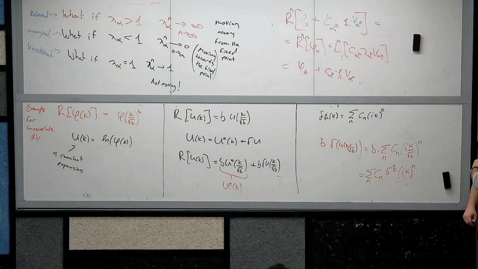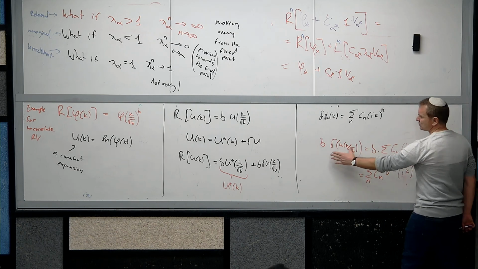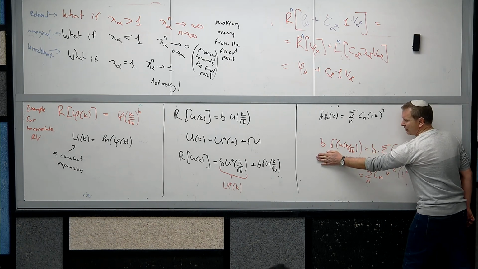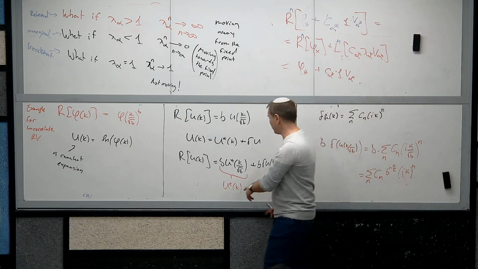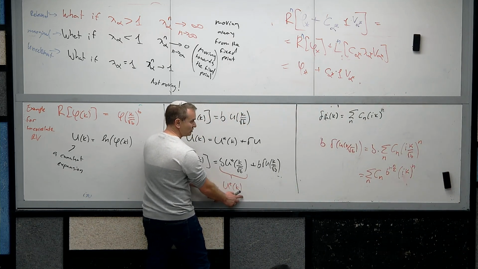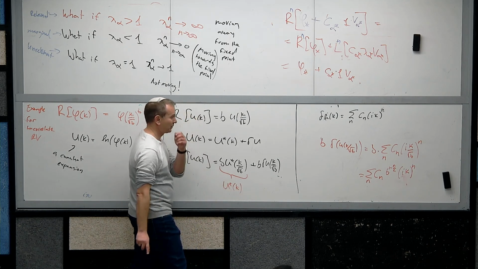Now, this is the application of the RG operator on a function that should be small, in the vicinity of my original function, or my fixed point.